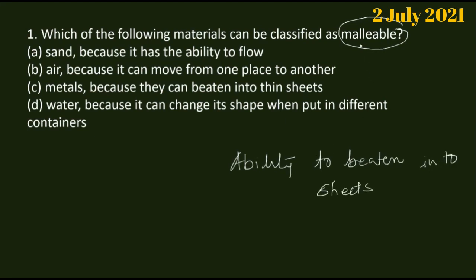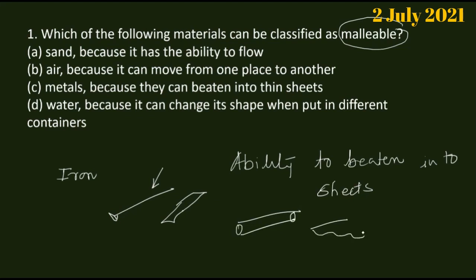Not all metals are malleable, but iron, see, an iron nail, you can beat it into a very thin sheet. An aluminium rod can be beaten into sheets, right? So this property of a metal is called malleability.